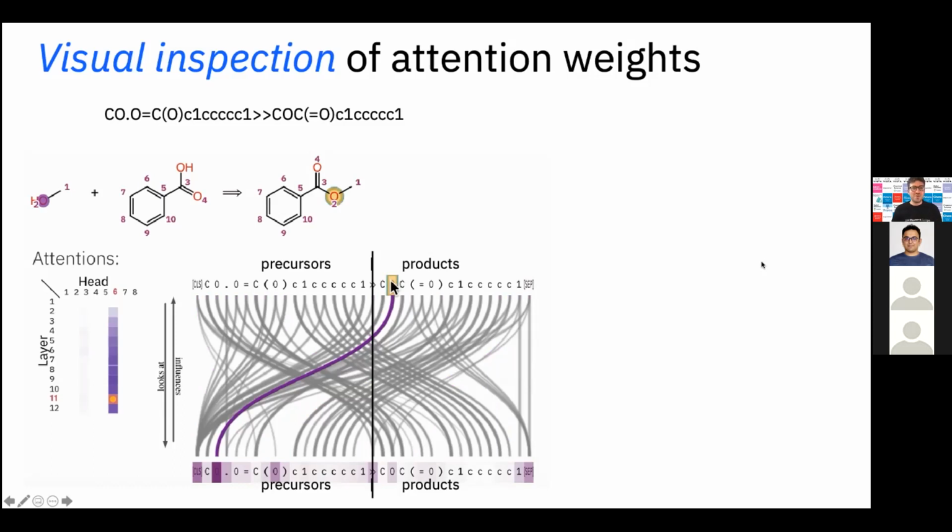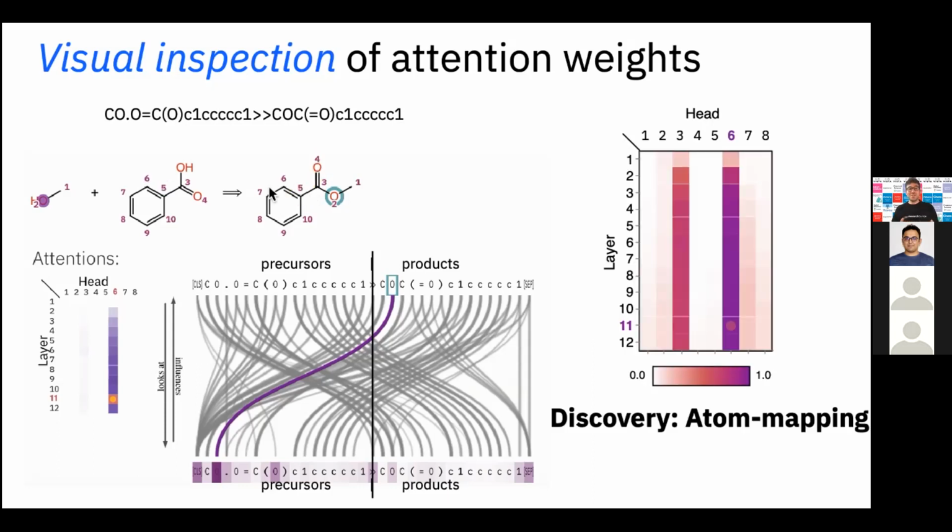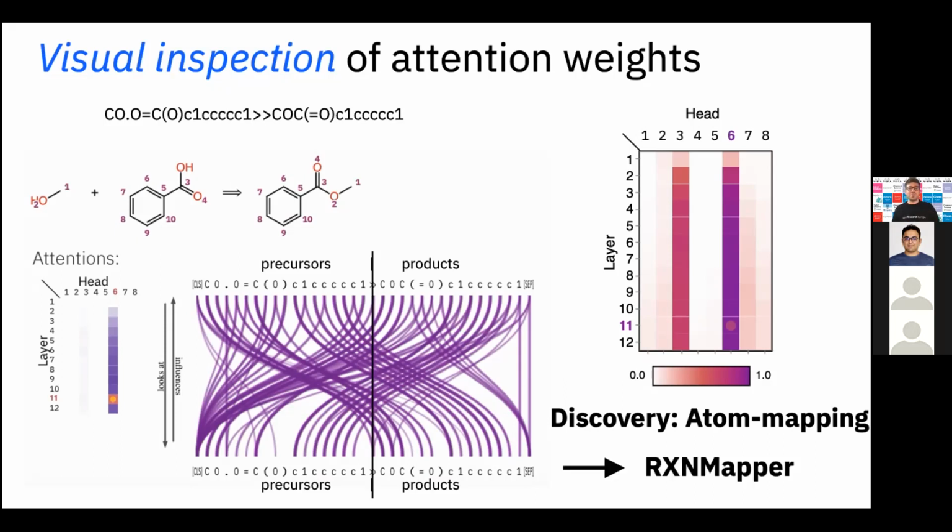And if you remember the beginning of my talk, this sounds a bit like atom mapping. And indeed, we discovered that every transformer model we trained on chemical reactions with this task had learned atom mapping, basically how atoms reconfigure during a chemical reaction. And we use this signal to build Reactionmapper.